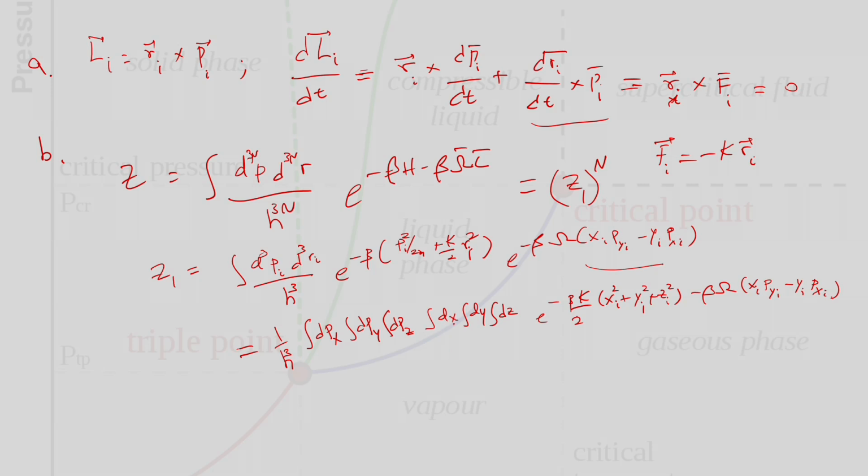I am going to have to evaluate this integration. I am going to do this first, and then remember that there is an e raised to minus beta pi squared by 2m outside, which I have to do later. So, now let me try and do this.